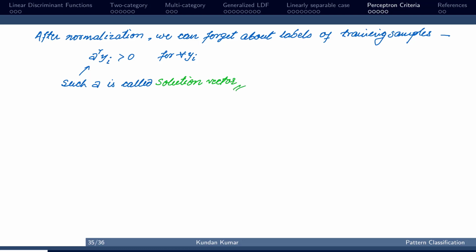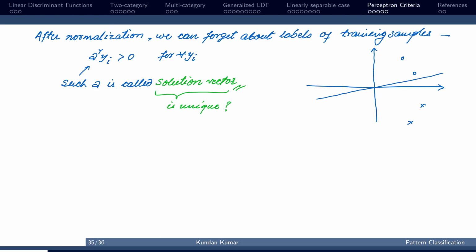But now the question comes to mind: is this solution vector unique? Try to understand here that we have data samples in the feature space from two different classes, and we have this decision boundary, and perpendicular to it is the solution vector A. Is this a single boundary which will separate these data points from the different classes?